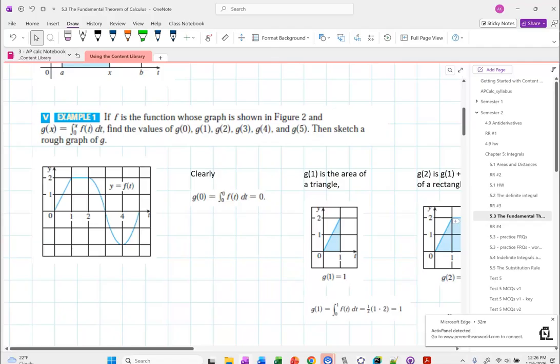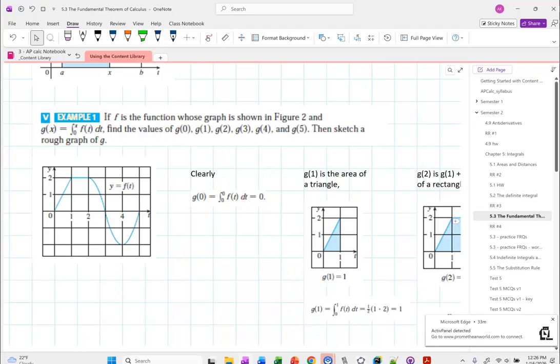So to get a handle on thinking about this as an area function, let's say we have this function y equals f of t that's defined as this graph. We have our function g of x that's equal to the integral from 0 to x of f of t dt. And we're just going to evaluate this function at some values of x: 0, 1, 2, 3, 4, etc. I'm just going to do a couple of them to give you the flavor of what's going on.